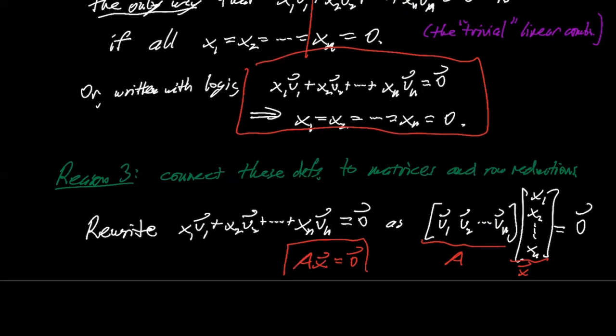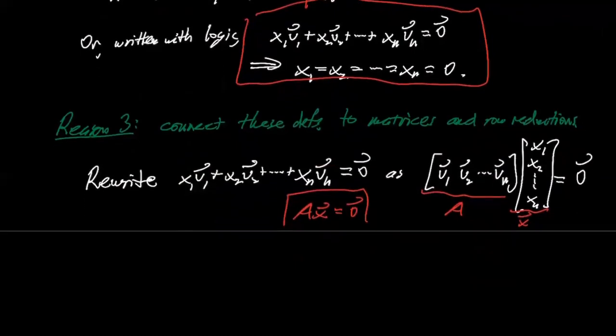Now we can reinterpret what linearly dependent and independent are saying, if we think about it in terms of the solutions to Ax equals 0.